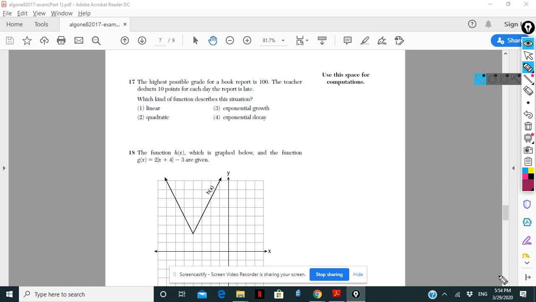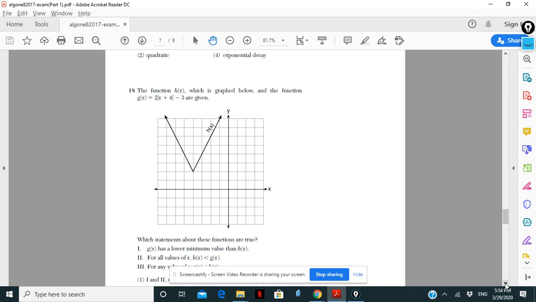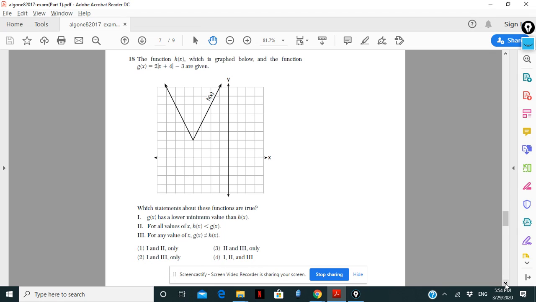Question number 18. He said the function h of x, which is graphed below, and the function g of x equals absolute value of x plus 4 minus 3 are given.